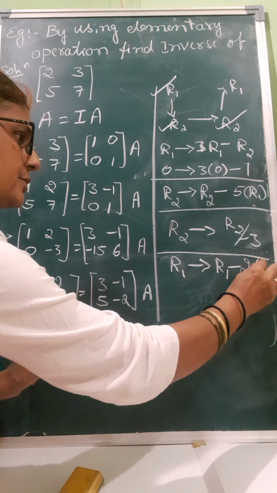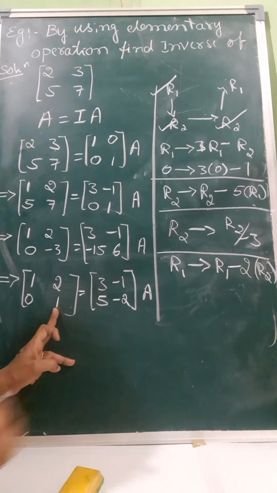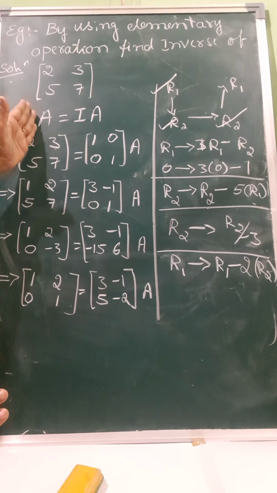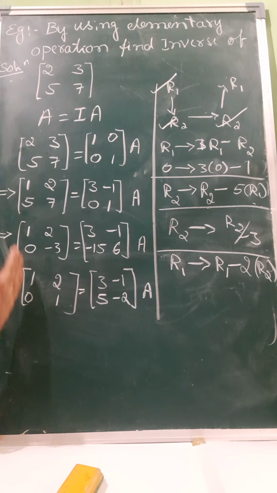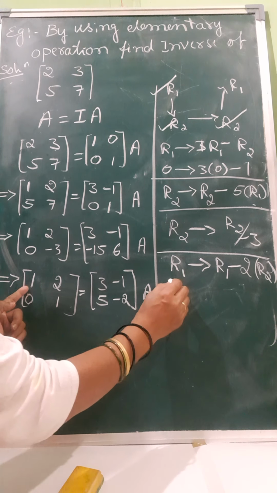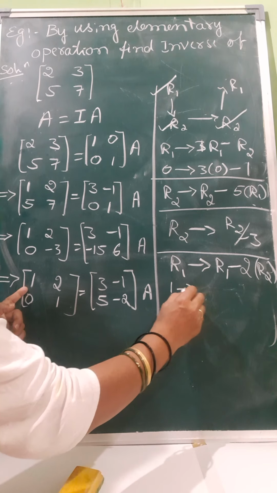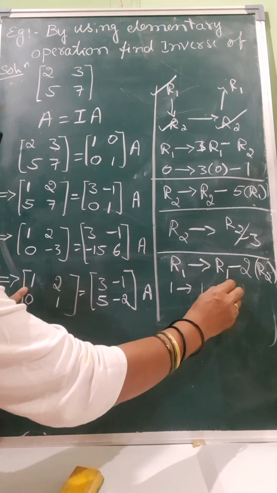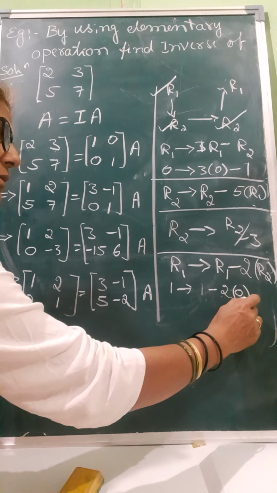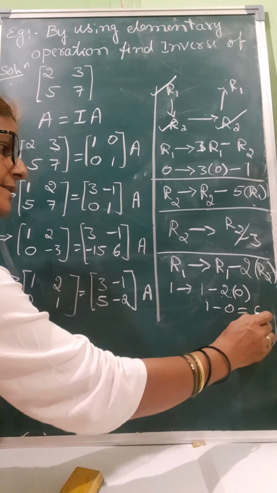We only concentrate on this A. So for the matrix, the first 1 becomes 1 minus 2 into the R2 element 0, so 2 into 0 is 0, 1 minus 0 is 1.